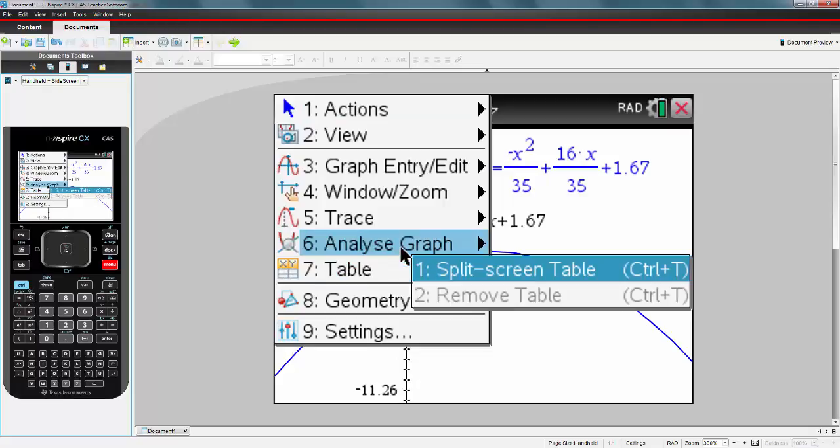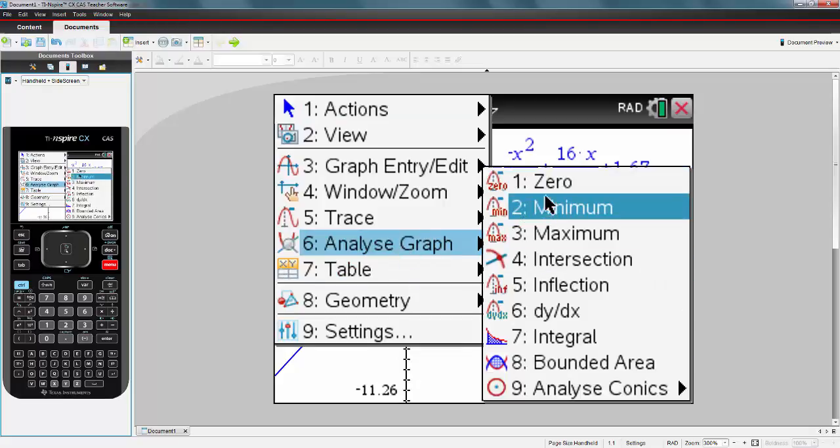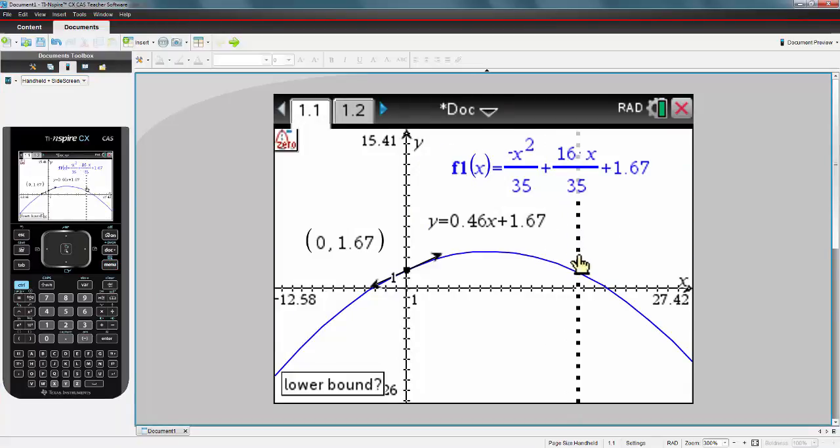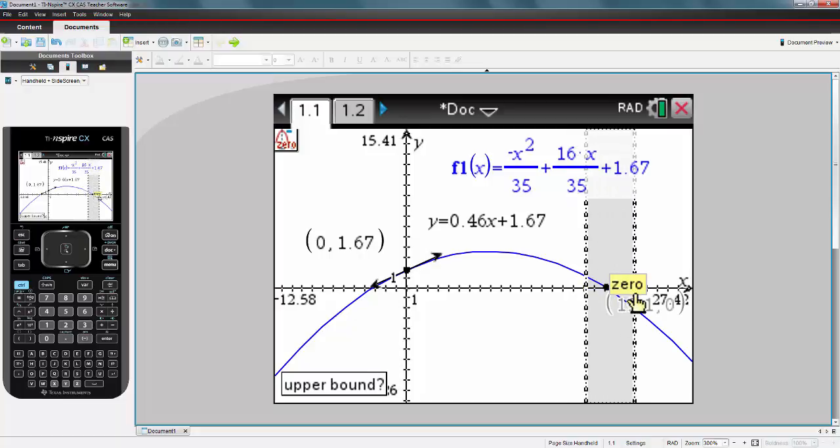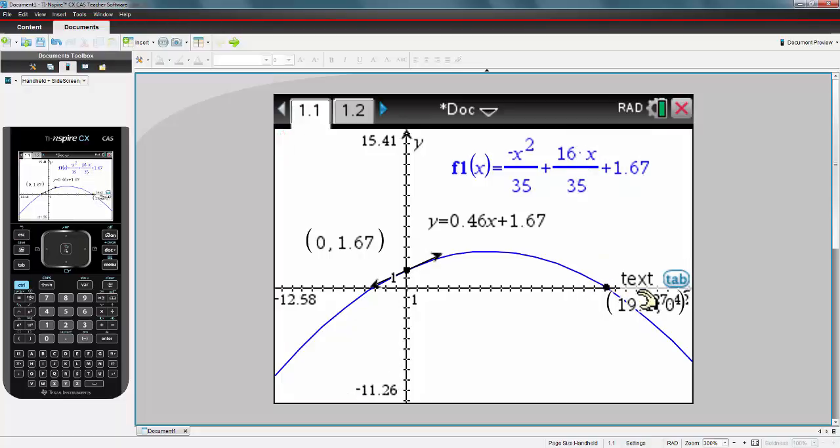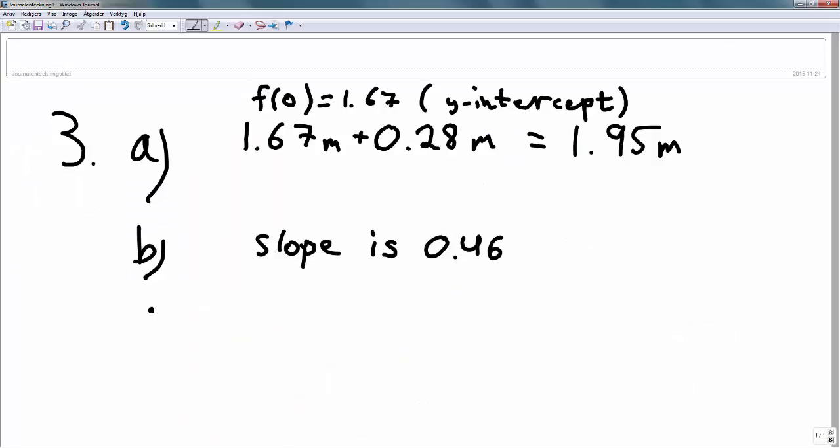So we analyze the graph and find the 0, go a little bit to the left and click, and then a little bit to the right and click, and then we see that it's 19.1. That's the x-coordinate, which is this direction horizontally. So the answer on C is 19.1 meters.